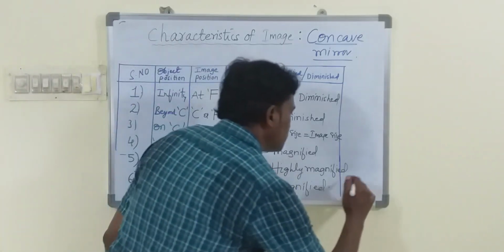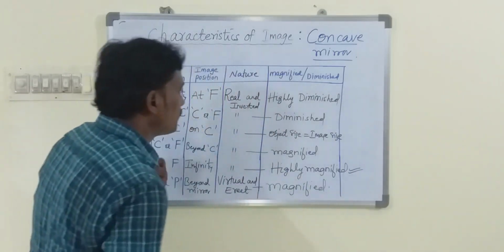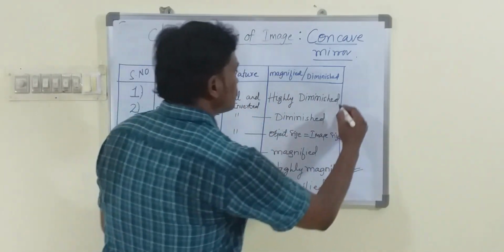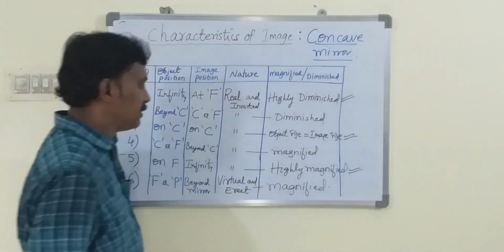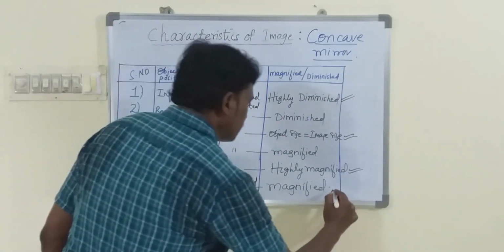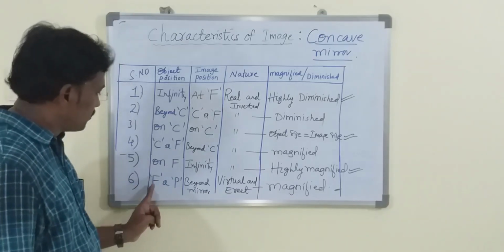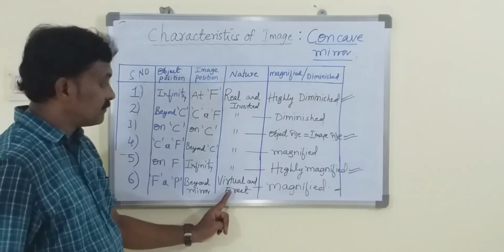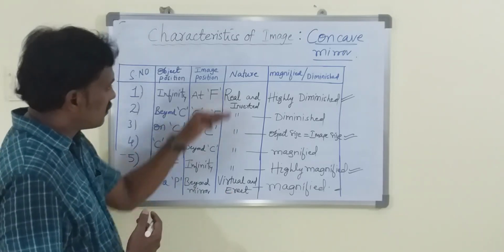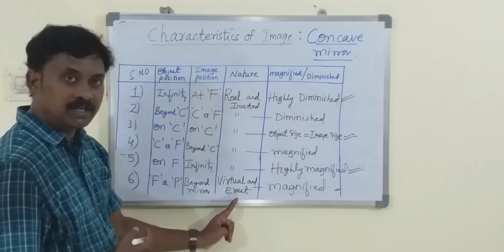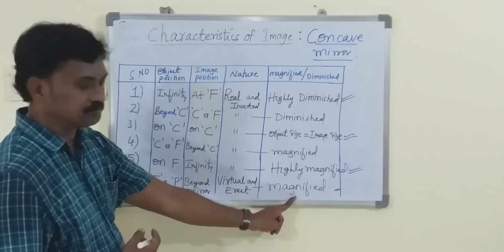So this is one special case which you have to remember, and also this one, and this one, and of course you have to remember the last case also. Why? Because when the object is placed between F and P, you are getting a virtual and erect image. All these are real and inverted, but the last one is virtual and erect, and it is magnified.